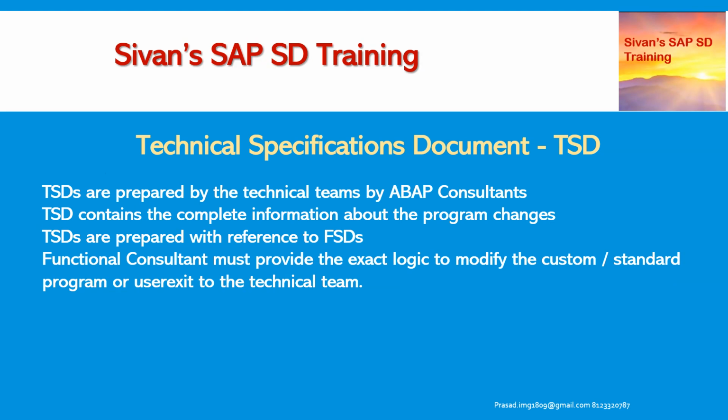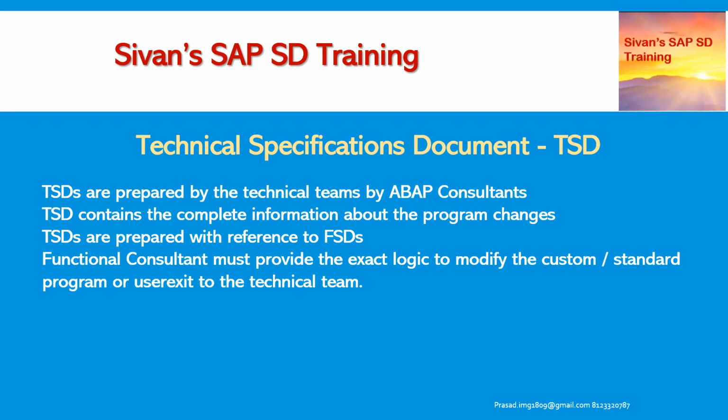Functional consultant must provide the exact logic to modify the custom or standard program or user exit to the technical team. Please remember, this is our role, 100%, to give the exact logic. You need not have the complete hands-on technicalities, whatever the ABAP consultant performs, those things we need not have.